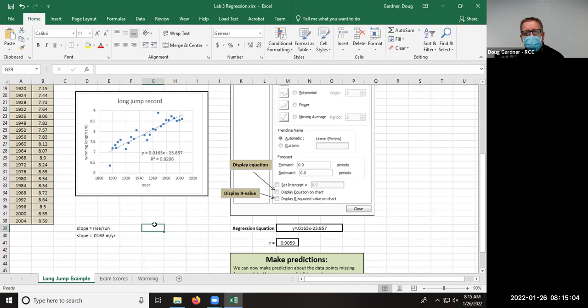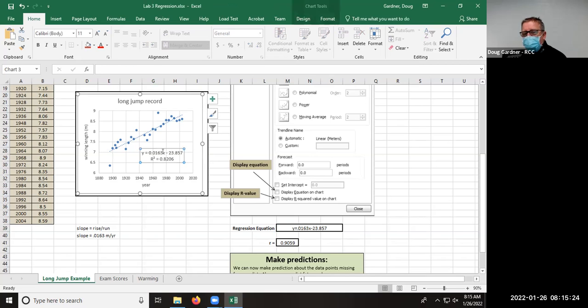And you had Excel find that? Yes, and Excel just gave it to me. When I said display the equation on the chart, it just gave me the regression equation. Did you copy it into the regression equation box, or what's the equation that goes in there? That I just typed. Okay, which is kind of a waste of time because it's sitting right here. Does that make sense?